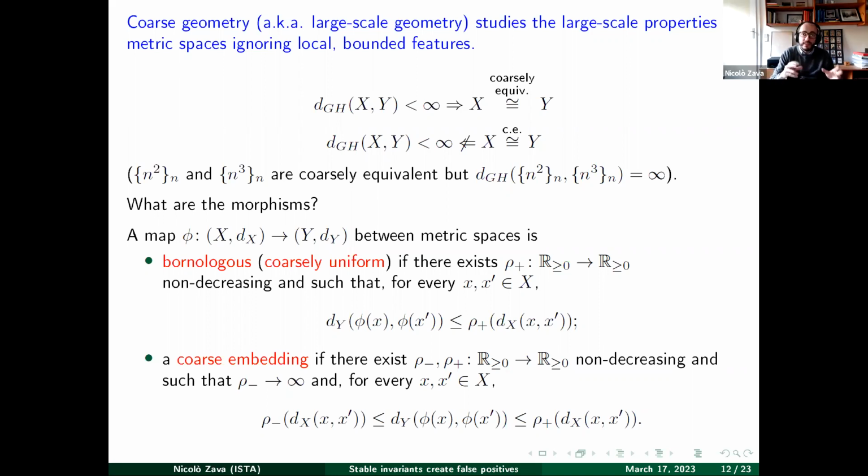The embeddings in this theory are called coarse embeddings, and these are precisely what we've seen before: maps for which there are two control functions that bound, both from above and from below, the distance between images of points. So the notions I previously defined are the same as these notions known in coarse geometry.